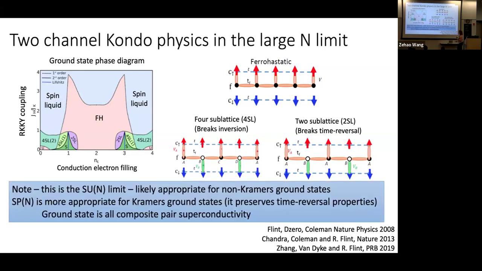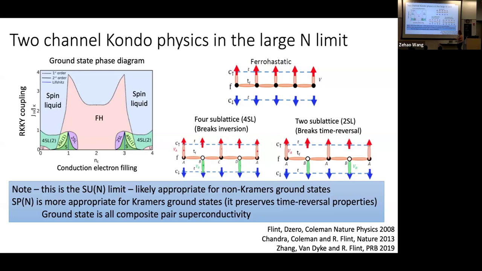And I should note this is valid in the SU(N) limit, which I think is a good approximation for non-Kramers ground states. You can also do an SP(N) limit, which is what's looked at in this paper by myself, Maxime Zero, and Piers Coleman. And okay, so SU(2) is SP(2).